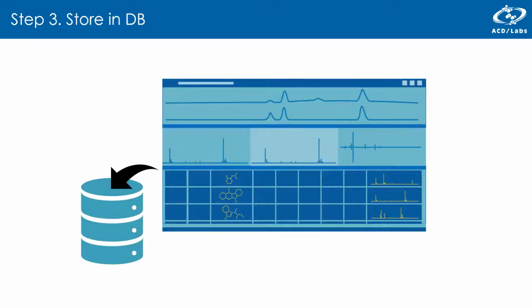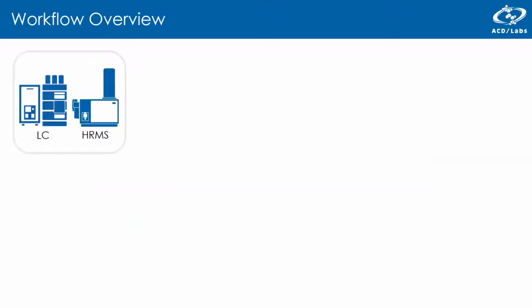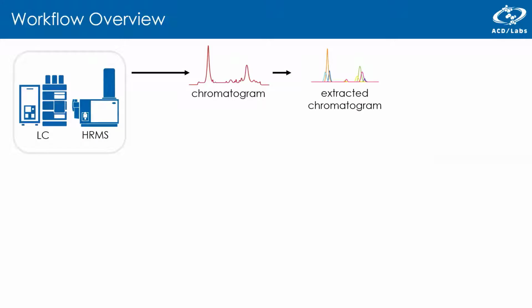So if we take a quick look at an overview of the workflow. First, we're collecting our chromatogram and high-res MS data. Then we're going to take this chromatogram, extract out all the XICs, and take a look at the corresponding MS1 and MS2 spectra.